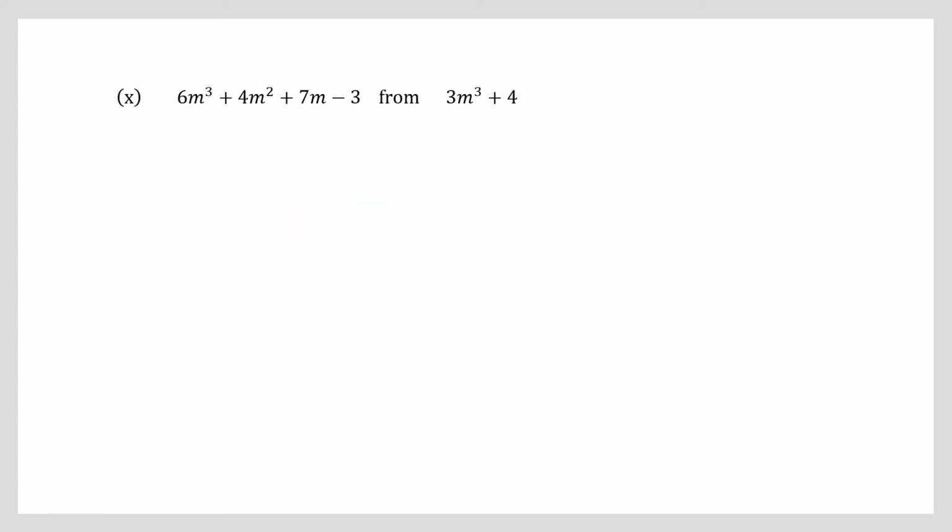The next question, let's write this down. 3m to the power of 3 plus 4. Below this, 6m cubed plus 4m square. We have to make another column. Plus 7m and minus 3.